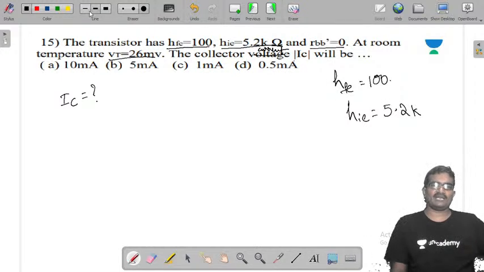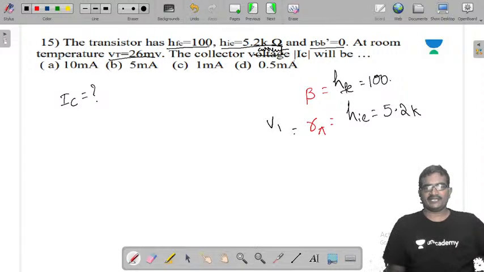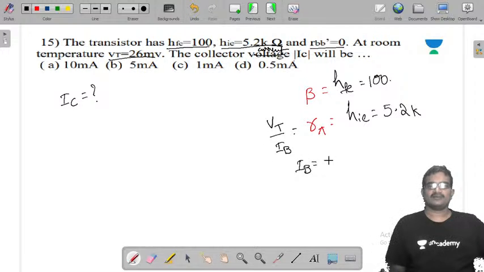If you compare r pi values and h parameters, hfe is nothing but your beta and hie is nothing but your r pi. The equation for r pi is Vt by Ib. So Vt by Ib they gave as 5.2k. From this Ib is Vt by 5.2k.